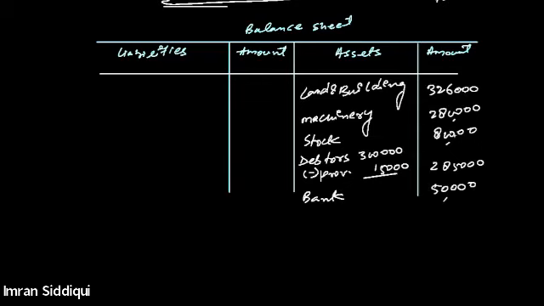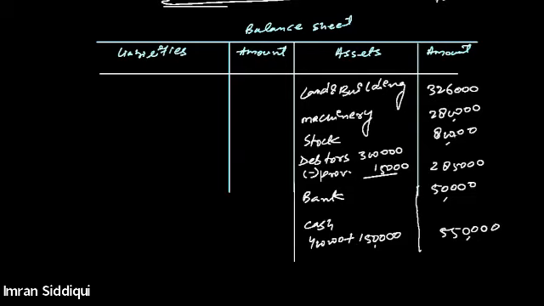Now there will be a cash balance also available, that will be 4 lakh plus 1,50,000 that was brought in by way of premium for goodwill. The total availability of cash in the business will be 5,50,000. Is that clear? Got it, everyone? Yes, sir.